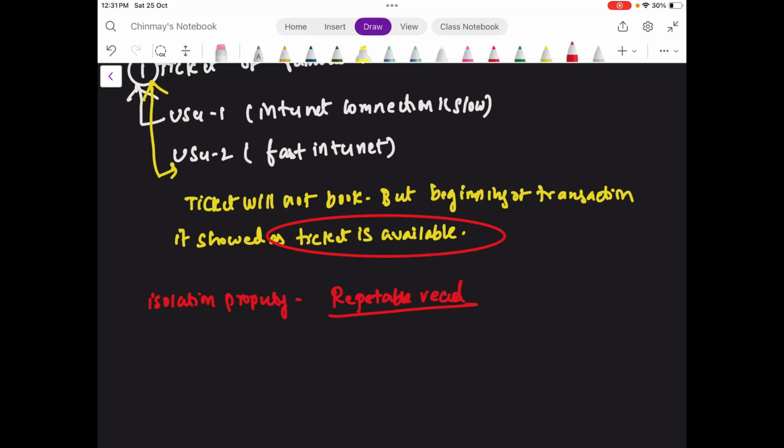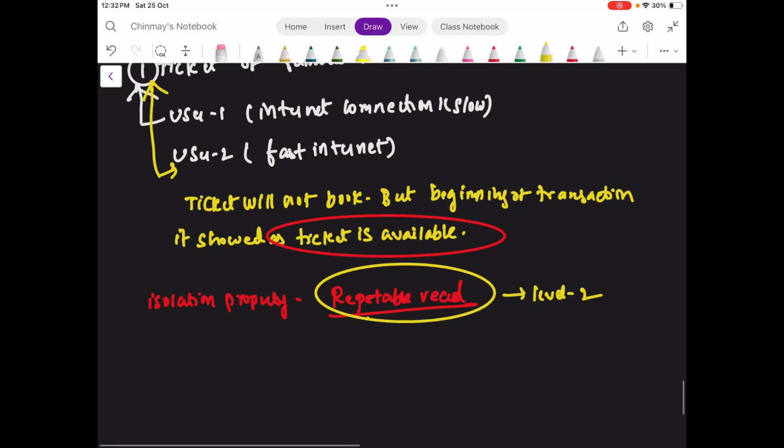Okay, it is level 2 isolation. If your database is configured with the repeatable read isolation, it can isolate dirty reads as well as the non-repeatable reads problem.